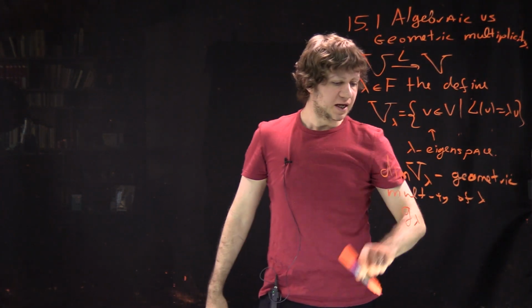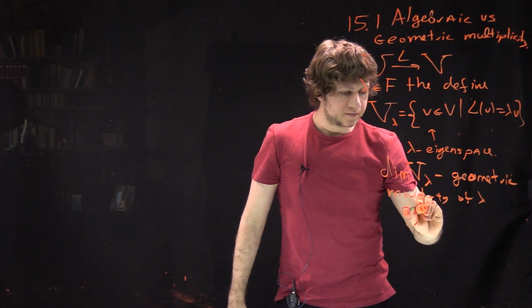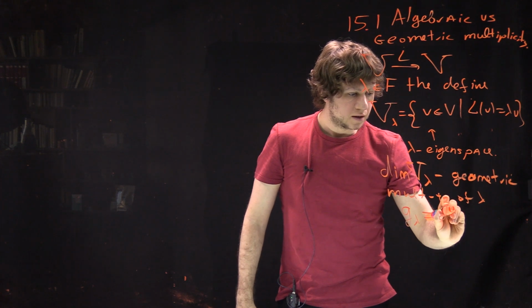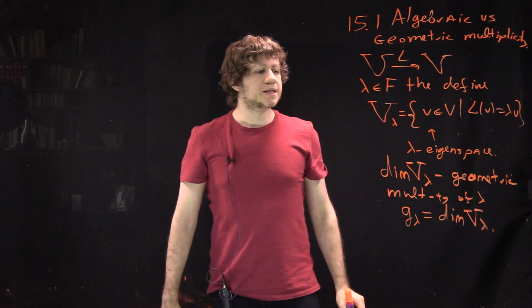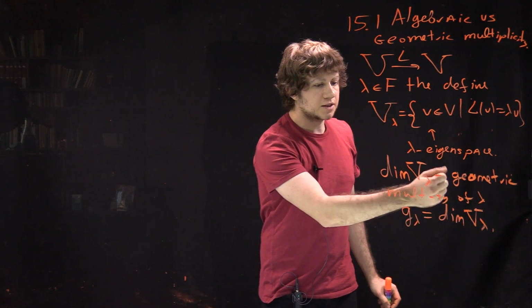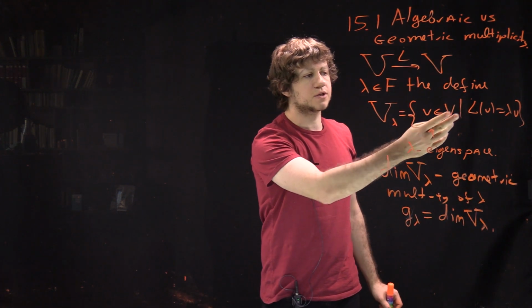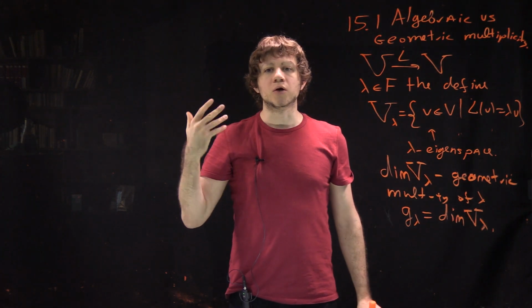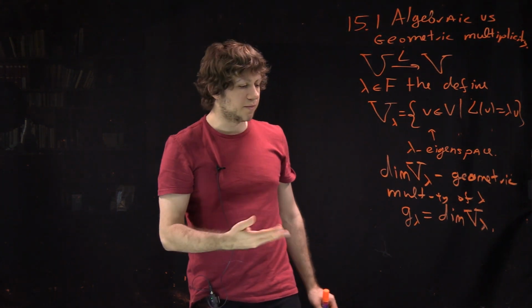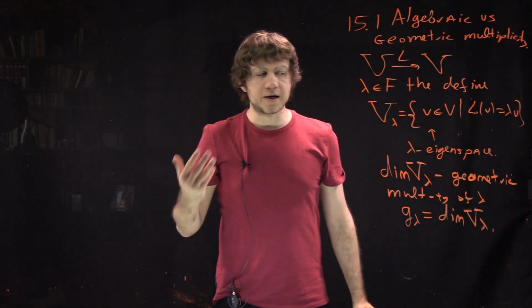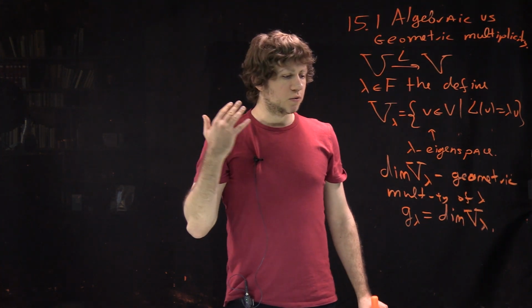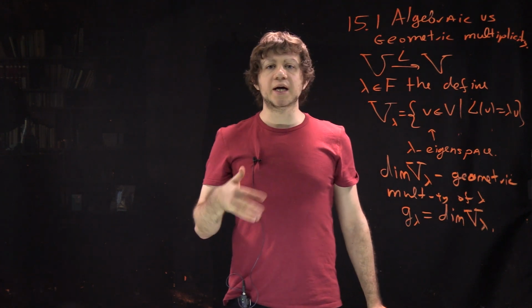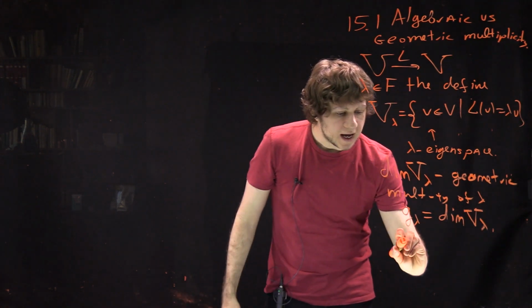Okay. So G lambda is this dimension. And we have already seen that in some way eigenvalues and eigenvectors are related with roots of characteristic polynomials. Namely, I remind you that eigenvalues of a linear map are roots of the characteristic polynomial. So each root of a characteristic polynomial has a multiplicity.